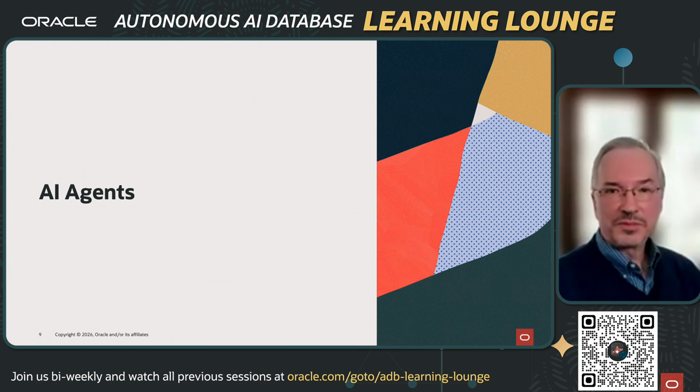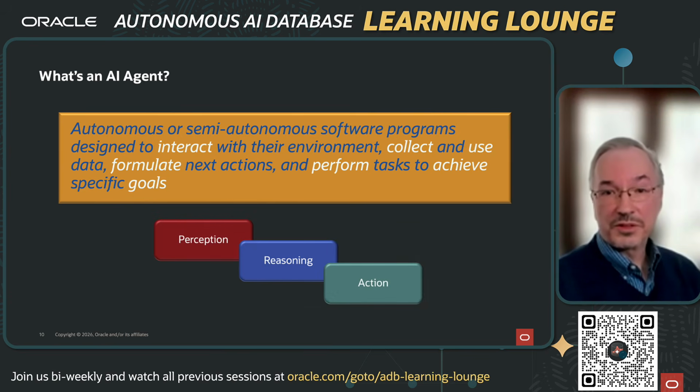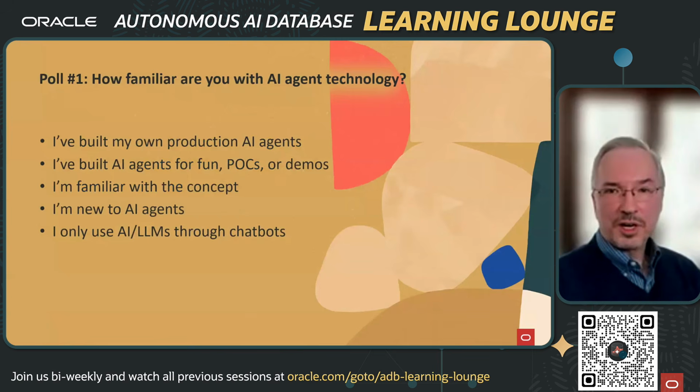But at another level, you can think of AI agents as autonomous or semi-autonomous software programs designed to interact with their environment, collect and use data, formulate next actions, and perform tasks to achieve specific goals. And they're capable of perceiving their environment, reasoning about problems, and acting by invoking functions that may even affect the outside world.